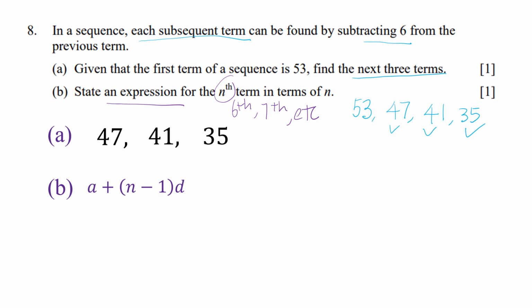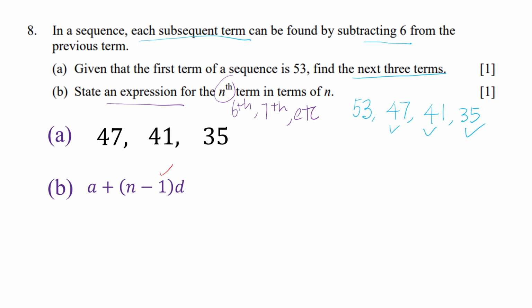projection. For example, you add 3 to the first term to get the next term. That means for every term, it's just add 3, add 3, add 3, or add 2, add 2, add 2, or minus 6, minus 6, minus 6. If you do additions or subtractions using the same number, then you can just use this formula.